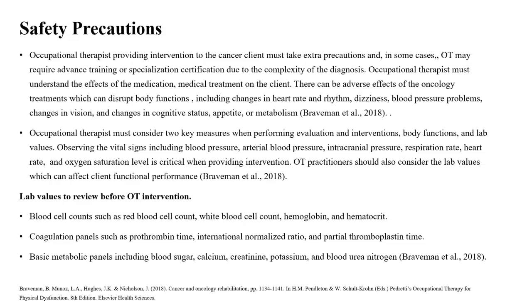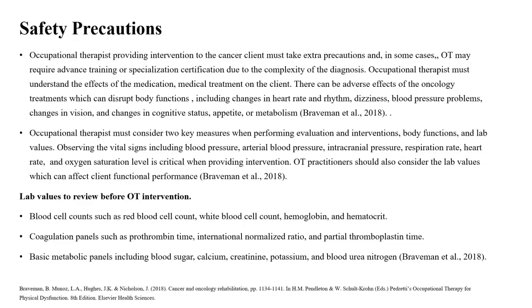Now, occupational therapists must also consider two key measures when performing evaluation and interventions. Body functions and lab values are very important. So, when you're performing the evaluation and developing your intervention plan, you must consider their body functions and their lab values in that evaluation.